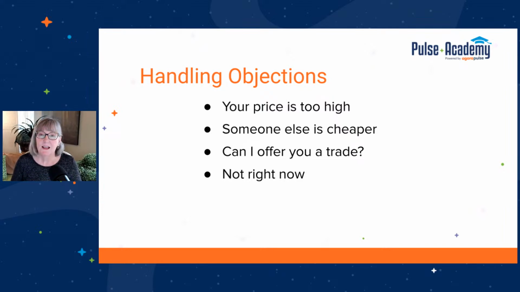Once you've gone through this calculator and you have put all those numbers into place, with how much you want to make, how much your time is worth, all your expenses, the number of billable hours you have available for a client, once you have that solid inside, when a client comes back and says your price is too high, it doesn't even affect you. It's like, no, that's actually what my price is.